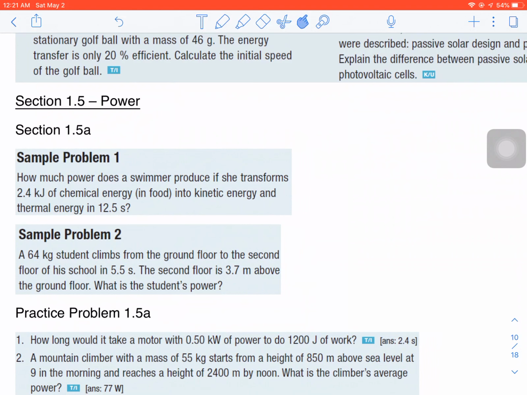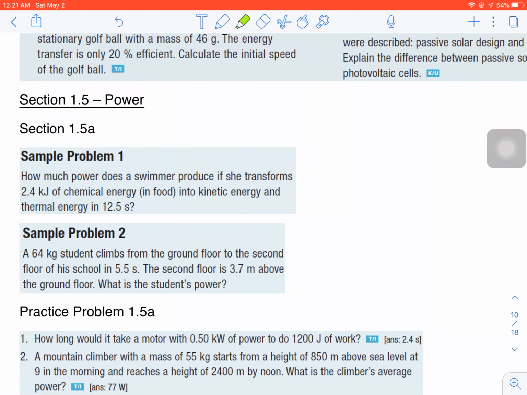As she is swimming, she's creating speed, and she's creating heat, right?